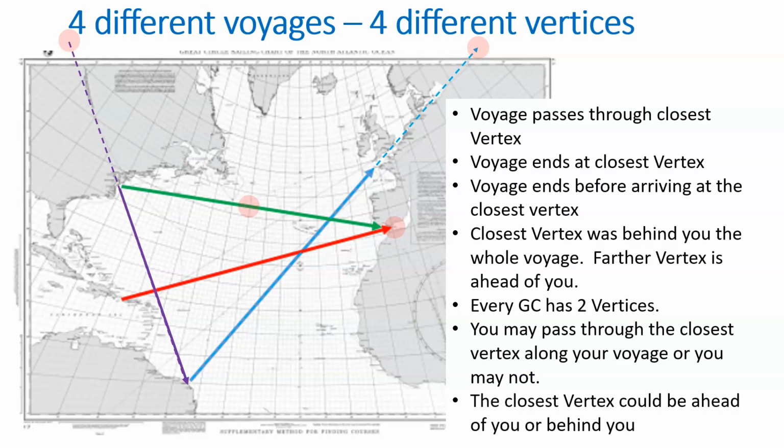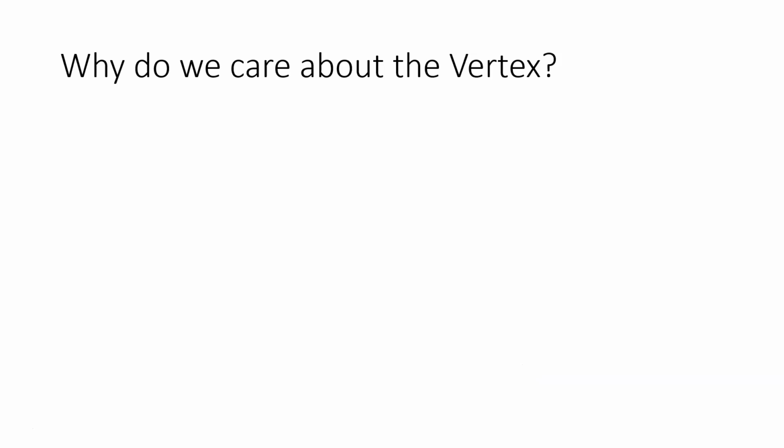Now, why do we care about the vertex? Remember, if we're following a great circle, we're going to be going more poleward than the Rhumb line. A great circle is always shorter, and it always travels closer to a pole than the Rhumb line will.